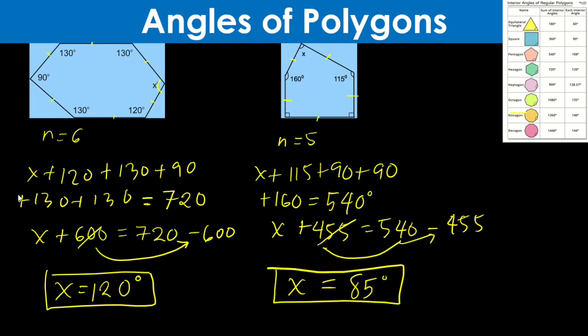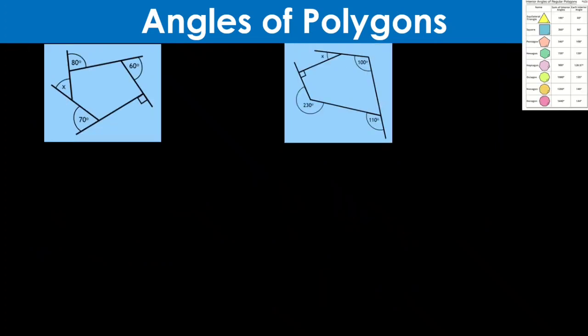Let's move to the next set of questions. Here, n equals 5, we have a pentagon. Now notice that all the angles given here are exterior angles. So if you add up all the exterior angles, that's 80 plus 60.